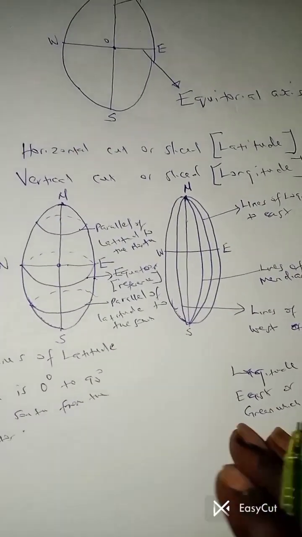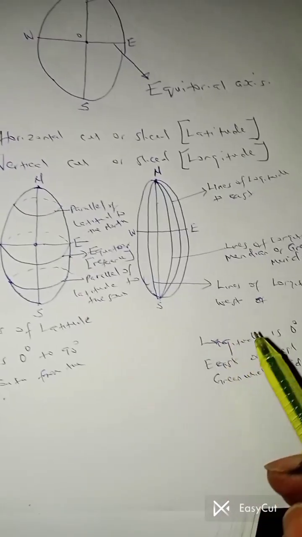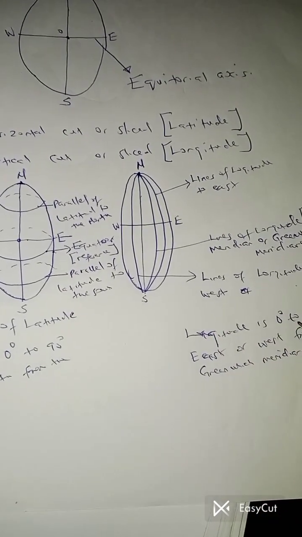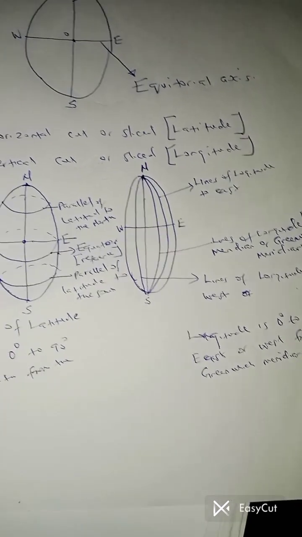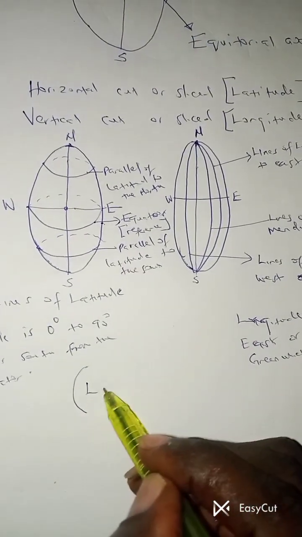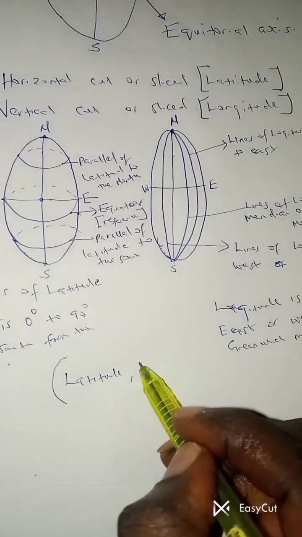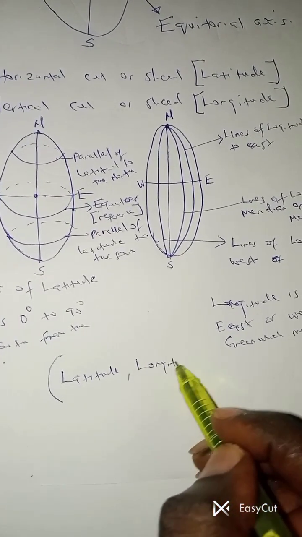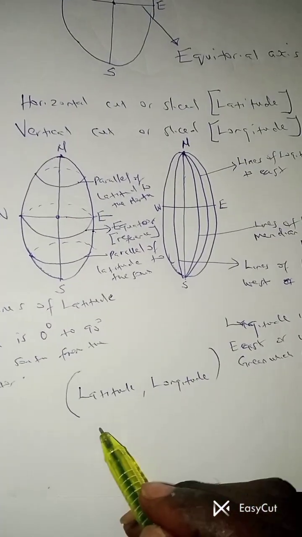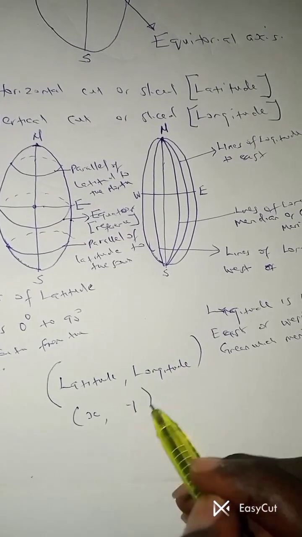But always remember that the intersections of the lines of latitude and the lines of longitude give us the location of a point on the surface of the earth. We always say that latitude comma longitude. So the latitude is our x-axis, while the longitude is our y-axis.